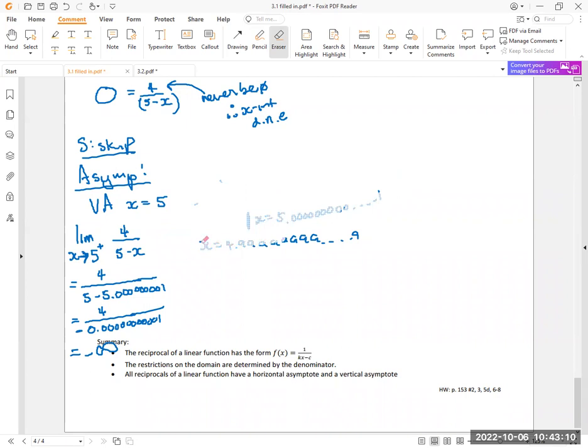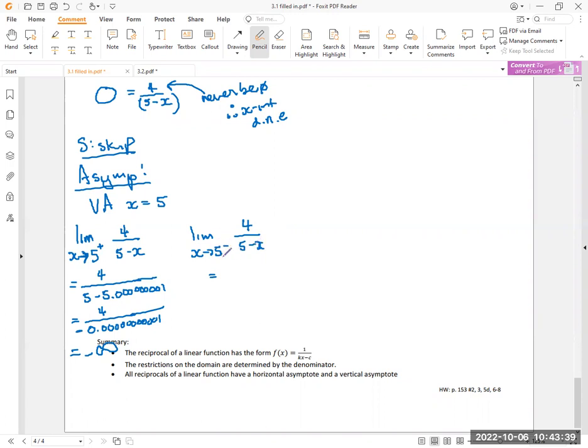Okay. Let's test the next one. What about if x was approaching 5, but from the negative side? So in other words, left of the vertical asymptote. This time I like to do it a little bit in my head. 4 over 5 minus 4.99999.